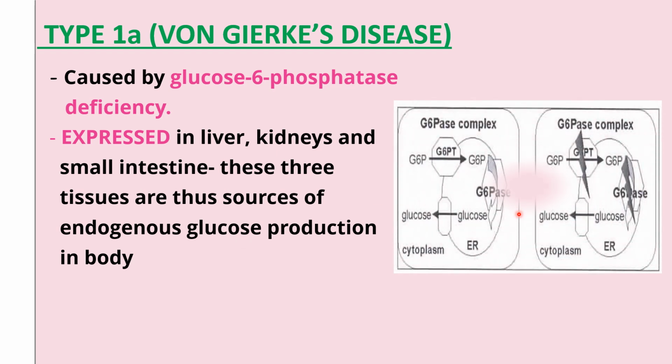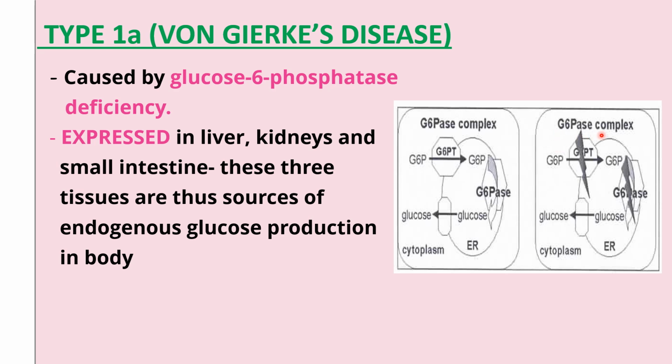This is the diagram showing the glucose 6-phosphatase complex. This glucose 6-phosphatase enzyme is present on the luminal side of the endoplasmic reticulum. So glucose 6-phosphate has to enter the endoplasmic reticulum from the cytoplasm to undergo this reaction, which is done with the help of glucose 6-phosphate translocase enzyme.